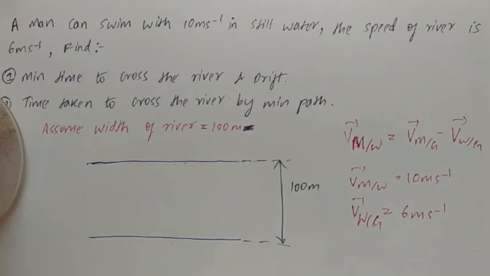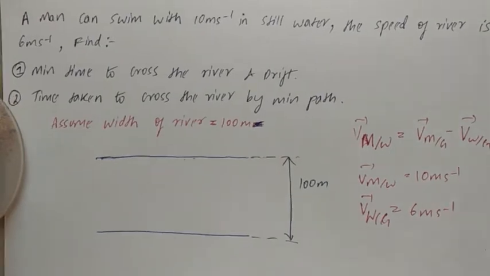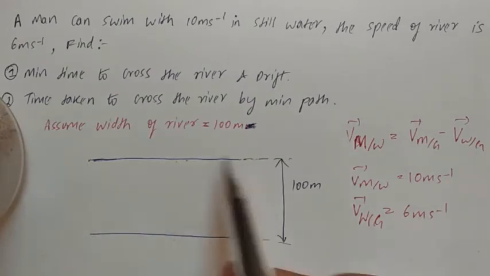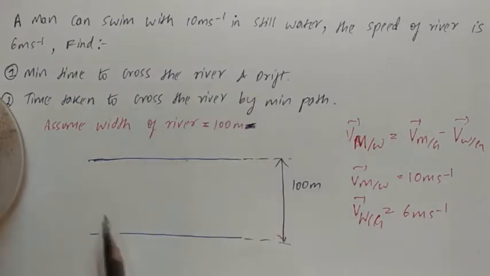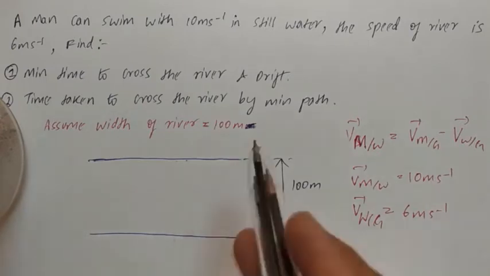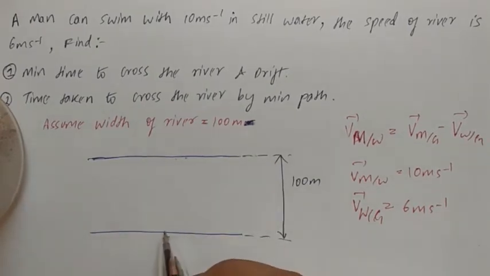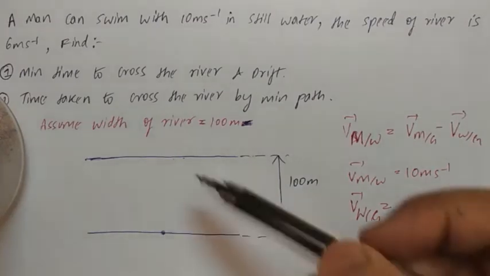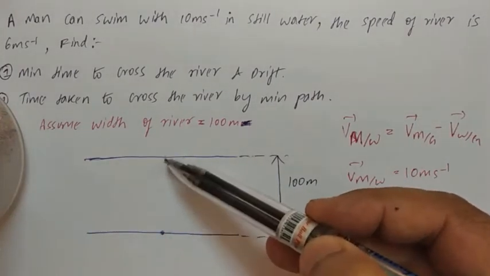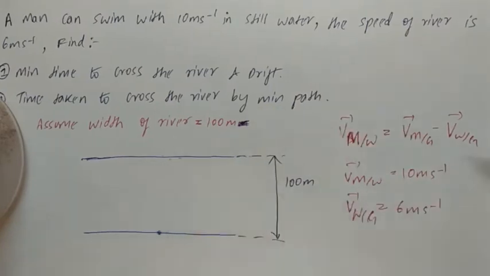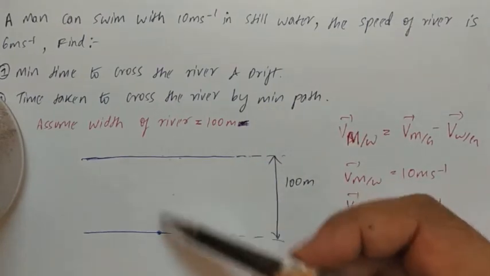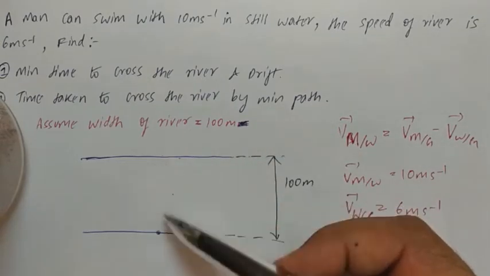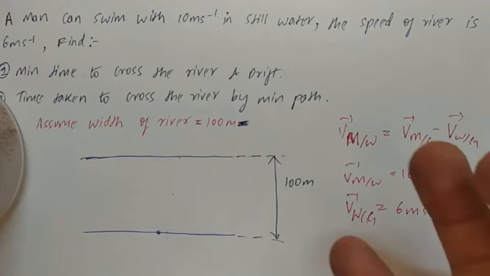Before starting the problem, we need to develop some intuition about it. Say, for example, this river was still, it was not moving, and there was a man at this point. If he moves in this path, then we can obviously say that he has to travel the least amount of distance, and he would cover that path in the minimum time.